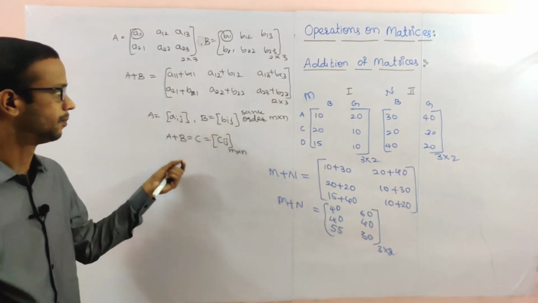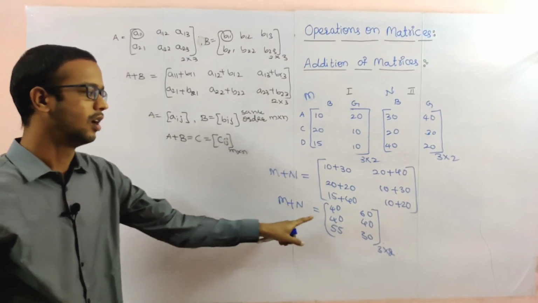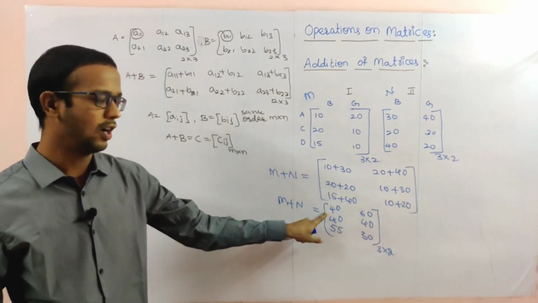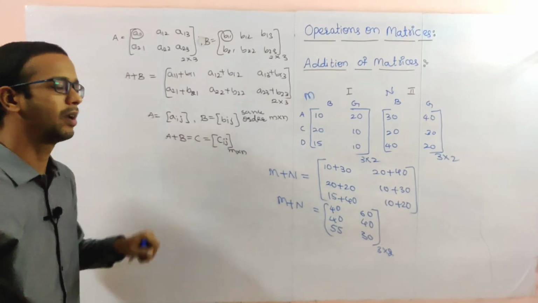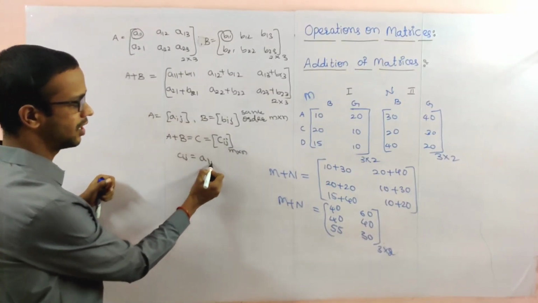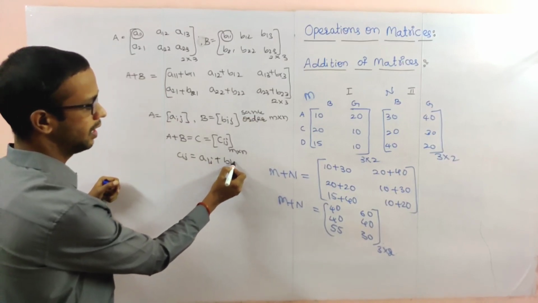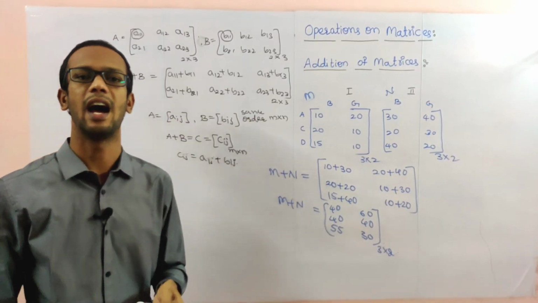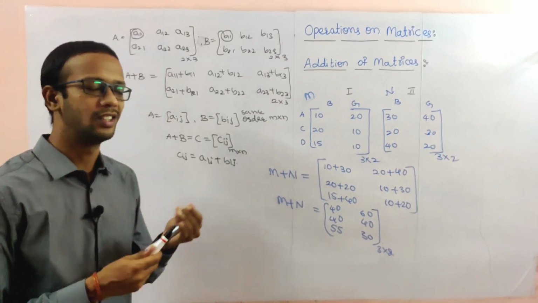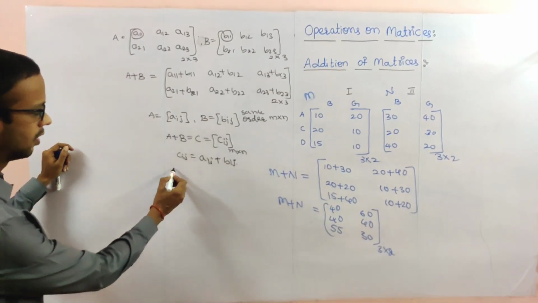After doing the addition, you observe one new number is obtained. That number I am taking as Cij, where Cij means Aij plus Bij. One more example we'll see, just for understanding purposes.